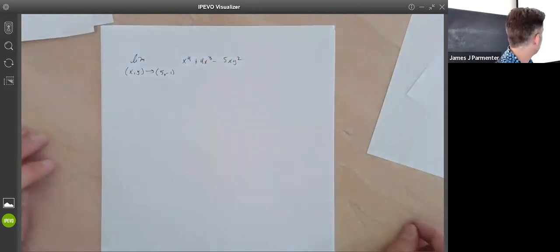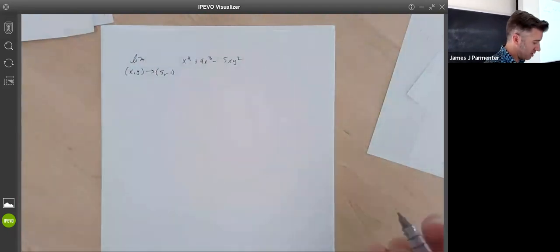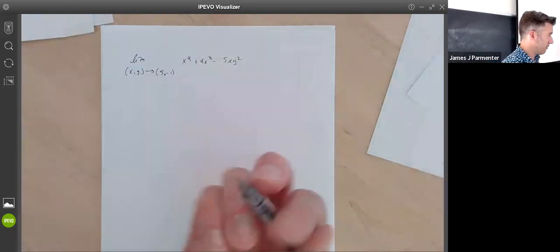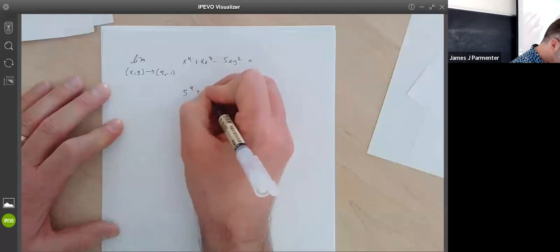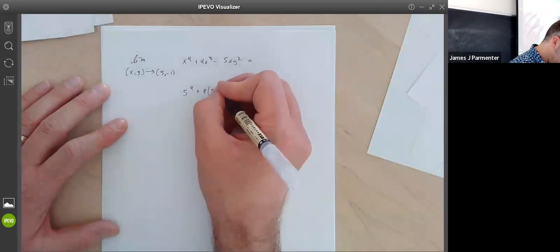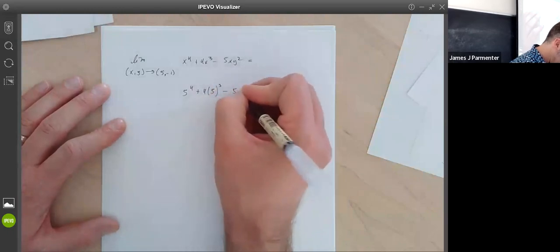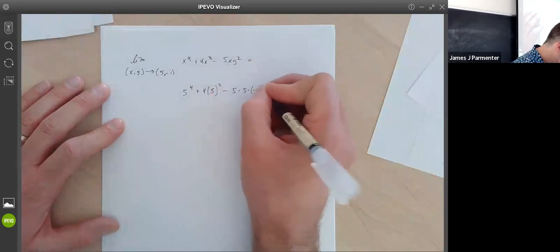And I say easy one because there aren't any problems with this function, right? There's no worry about dividing by 0. We can literally just substitute in the x and the y values and we're done. It's going to be 5 to the 4th plus 4 times 5 cubed minus 5 times negative 1 squared.